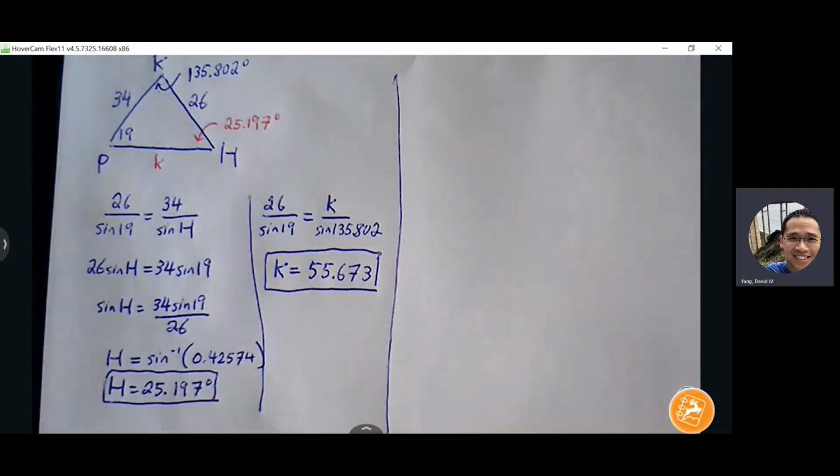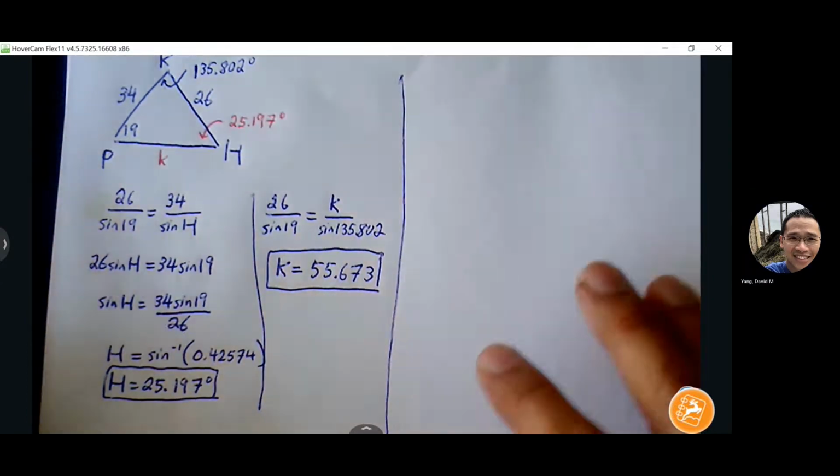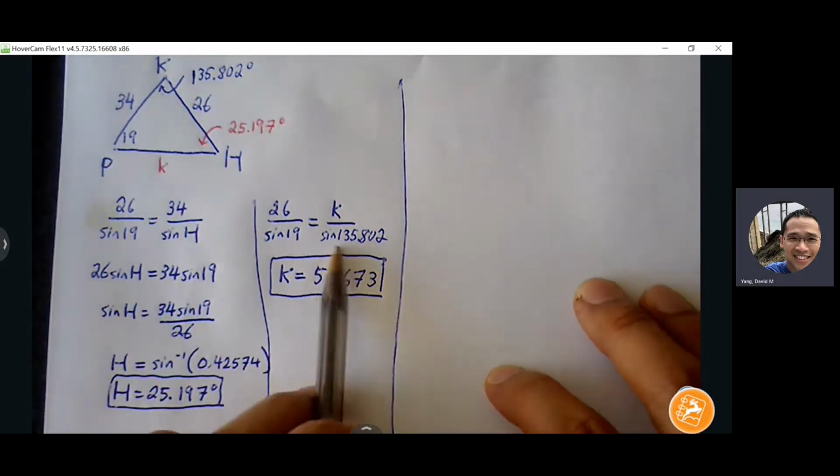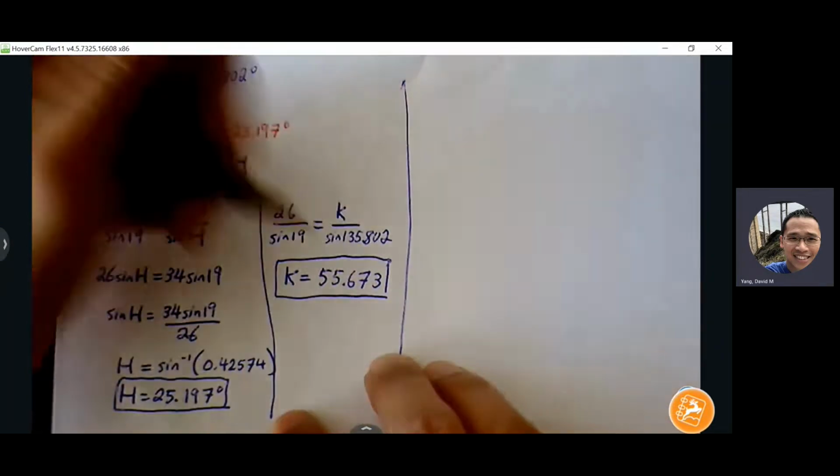So that's triangle 1. Now we got to create triangle 2. I cross multiply and then I solve. So let me show that step here.